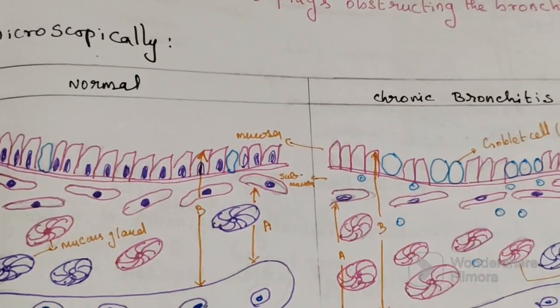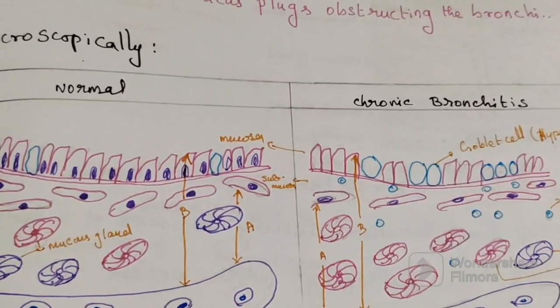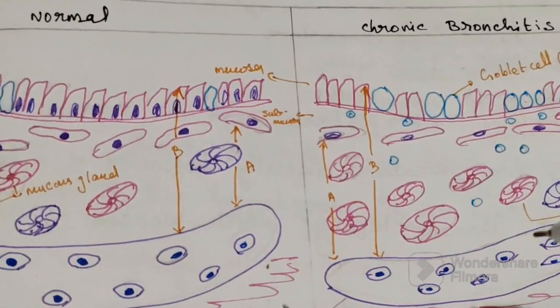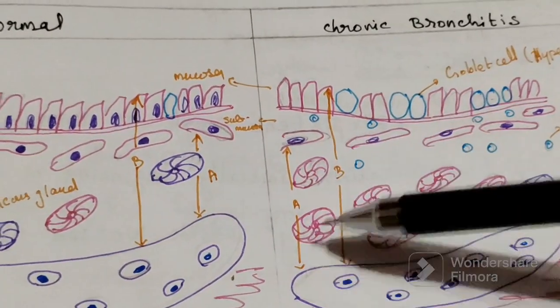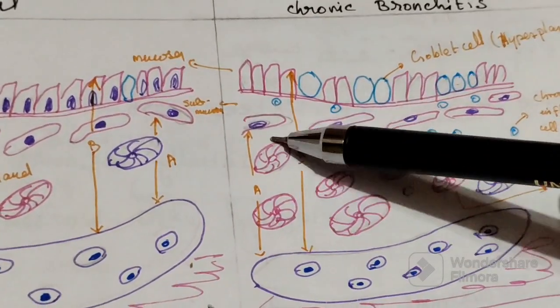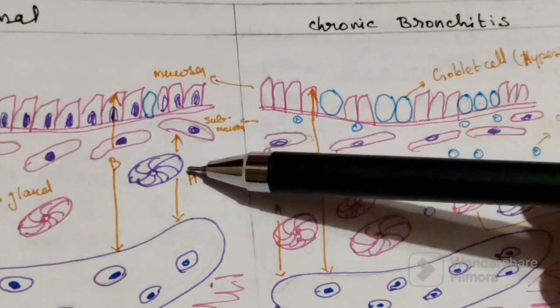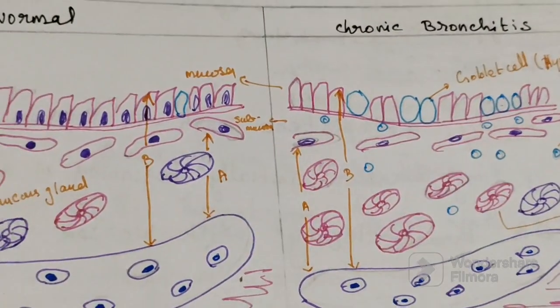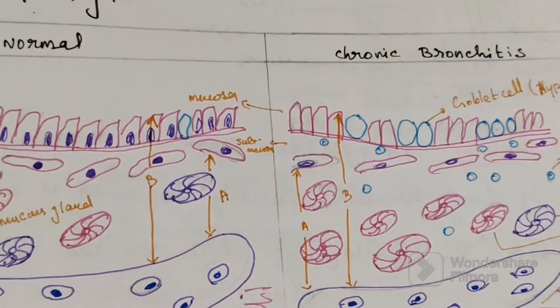But what is the numerator? The numerator is the portion of submucosa having glands. So this is the A part, this is the B part. Here A, B. A upon B. Can you see?